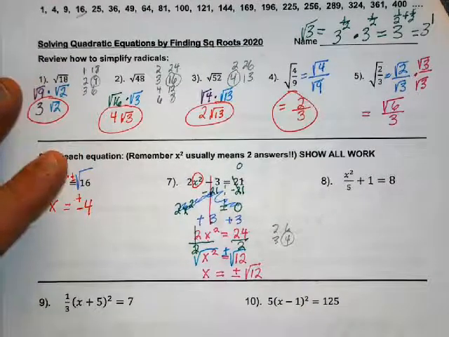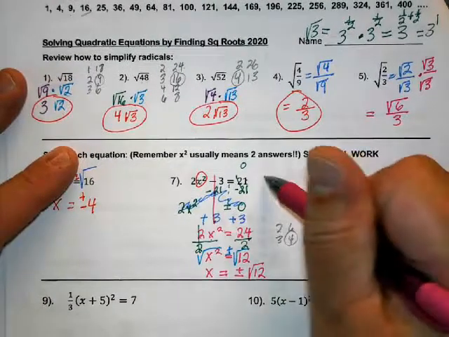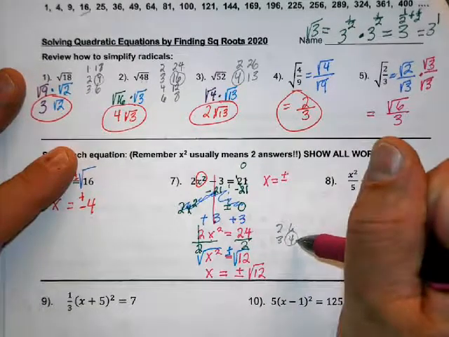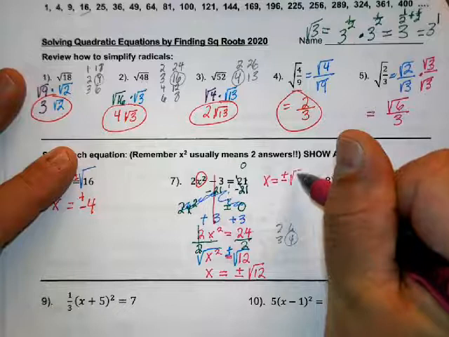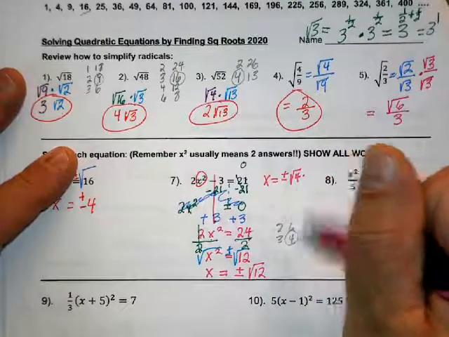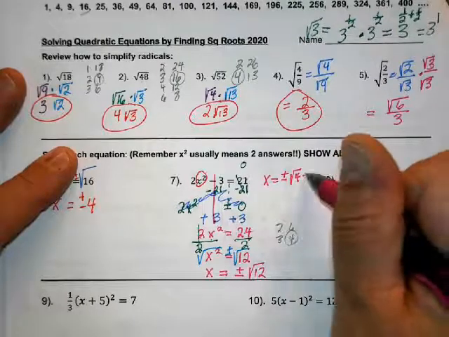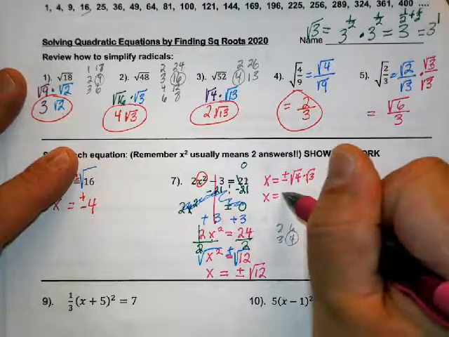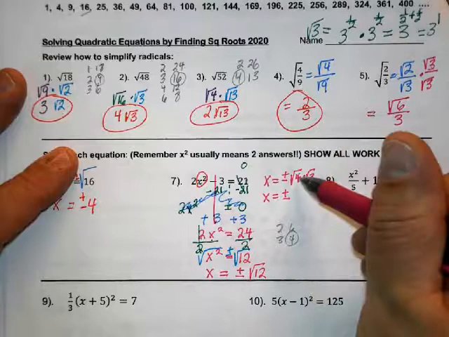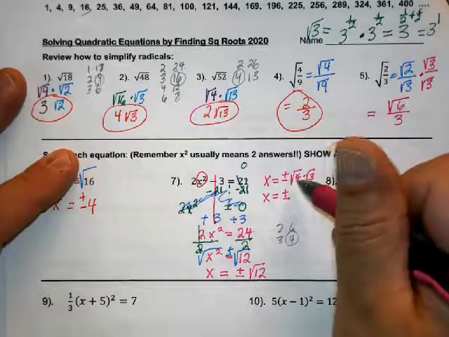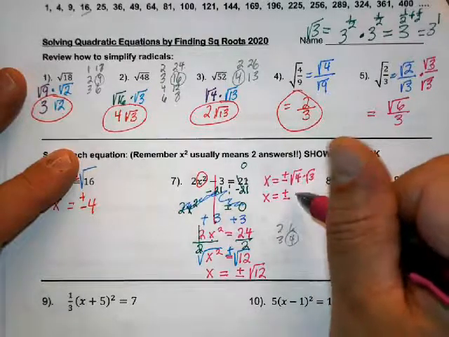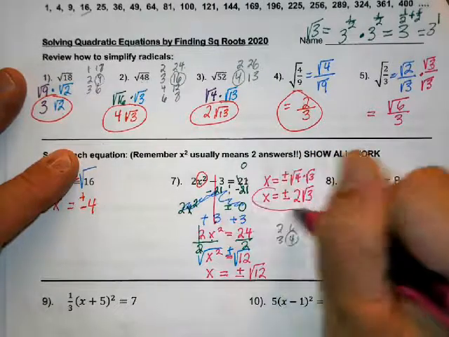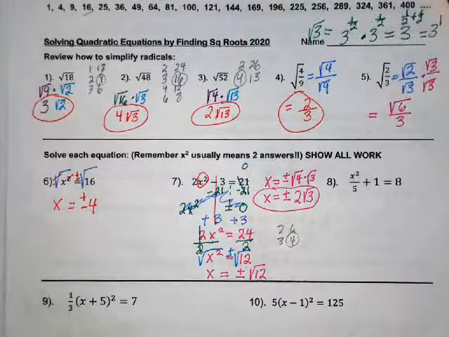So I have x equals plus or minus my perfect square, the square root of 4, times my imperfect square, the square root of 3. So x is going to equal plus or minus. Always put your perfect square first. Square root of 4 is 2 times the square root of 3. Isn't that lovely? You guys love that stuff.